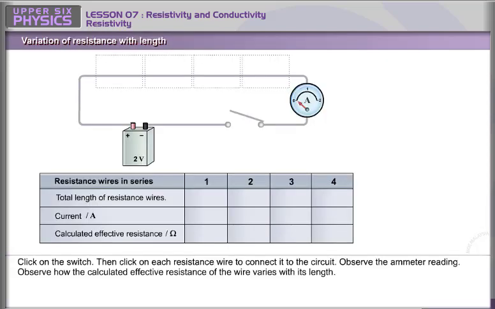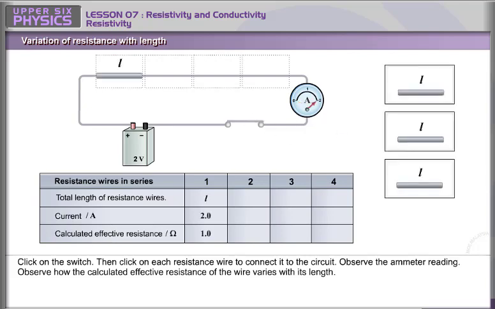Click on the switch. Then click on each resistance wire to connect it to the circuit. Observe the ammeter reading. Observe how the calculated effective resistance of the wire varies with its length.